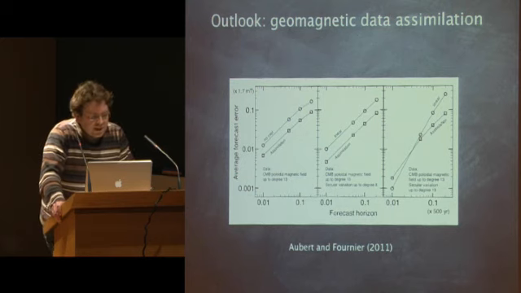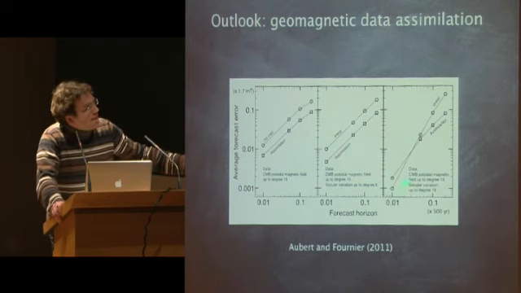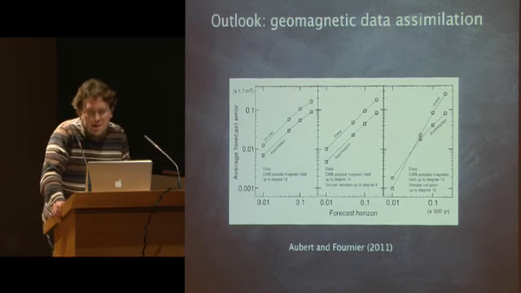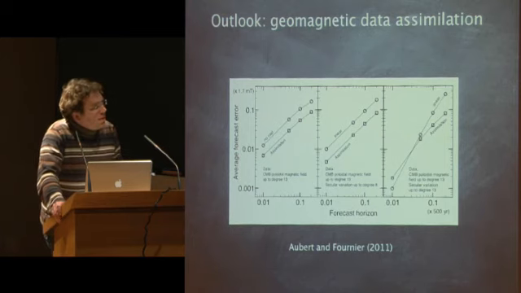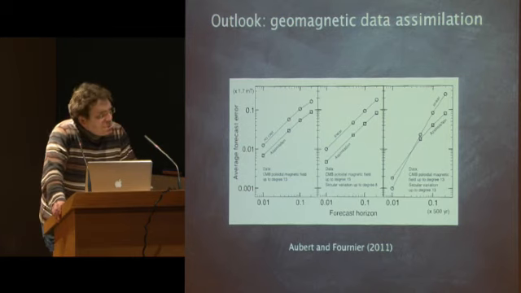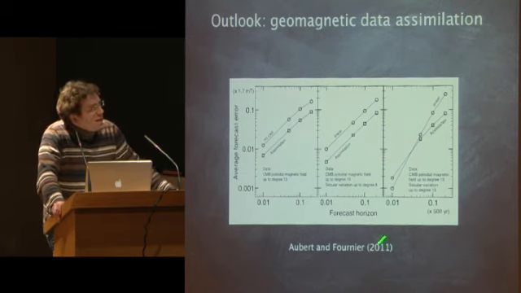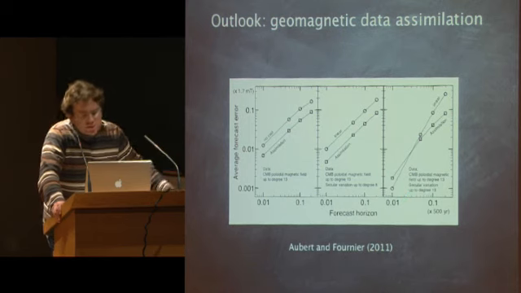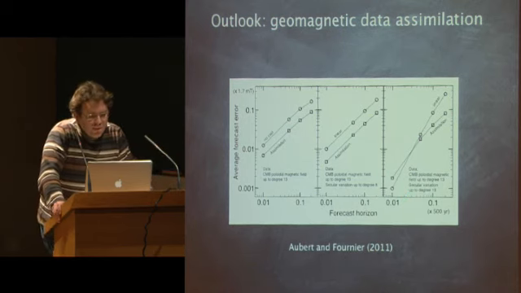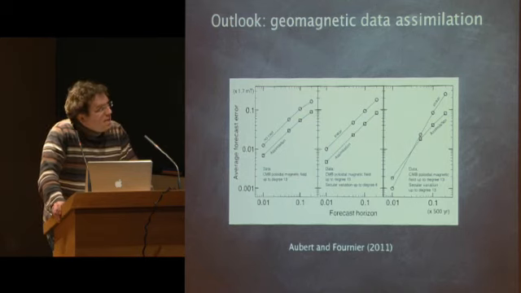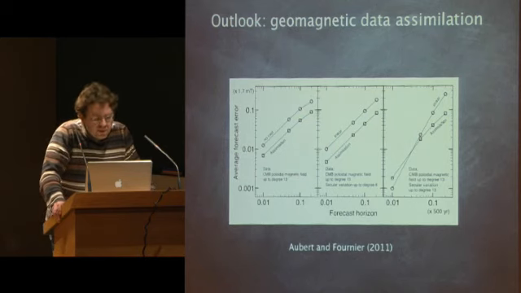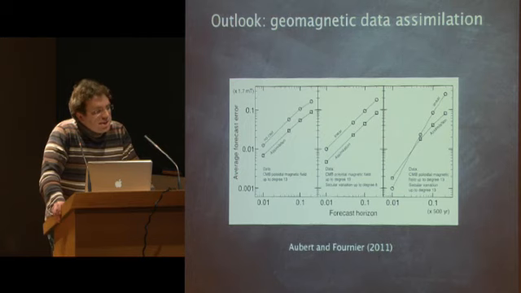In this case, there is no way the assimilated system, with all the errors that are involved, can beat the linear shoot. But still, what it says is that for typically a long-term, say tens of years range, you can hope to make a better forecast of the magnetic field evolution than a linear shoot.